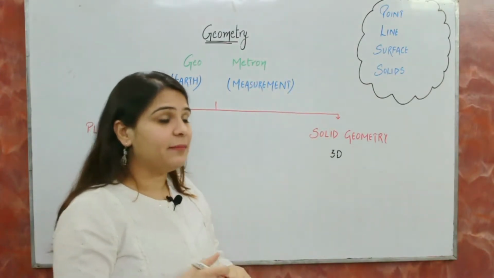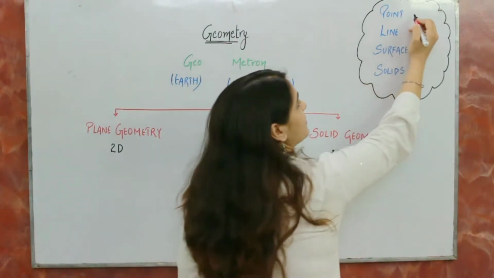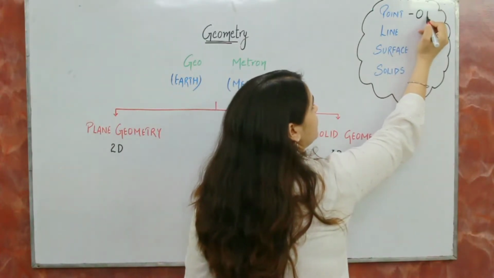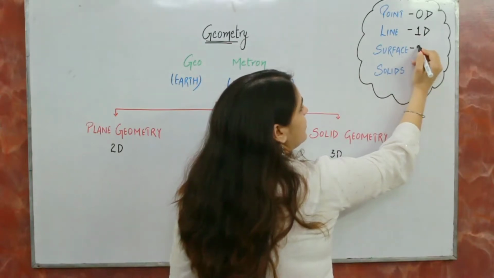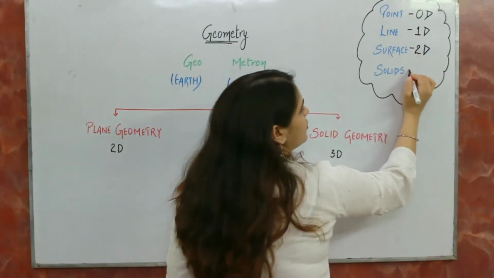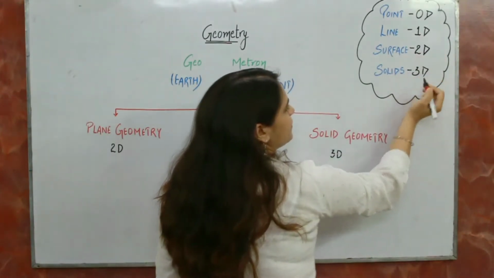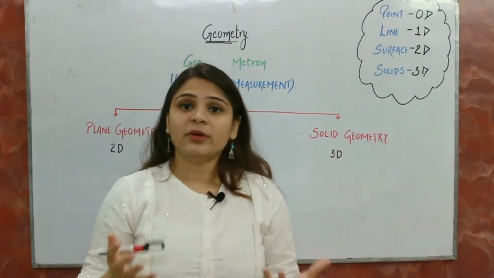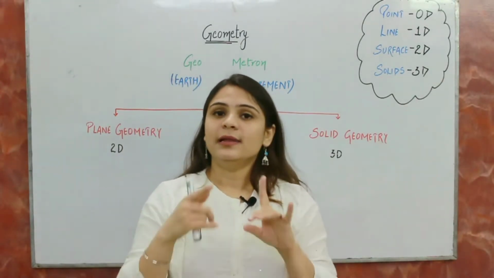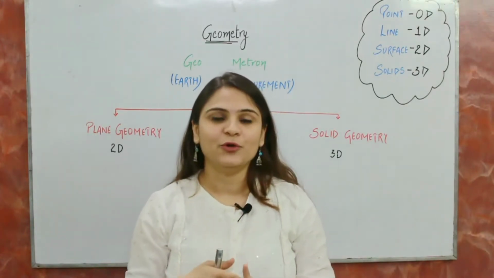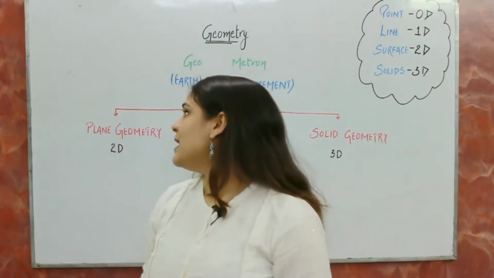In terms of dimension, we can write point as 0 dimension, line as 1 dimension, surface as 2D and solids as 3 dimension. We learn geometry to discover patterns around us and to find length, area, volume of different shapes.